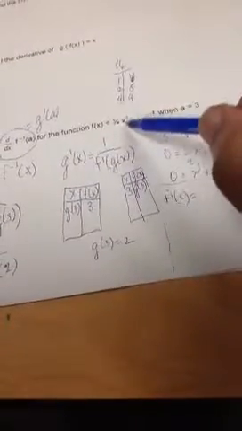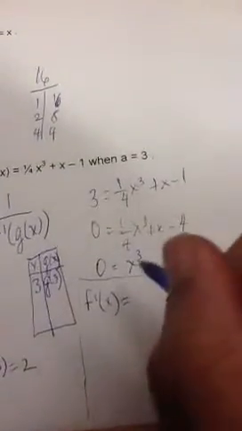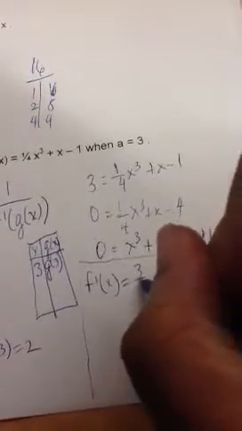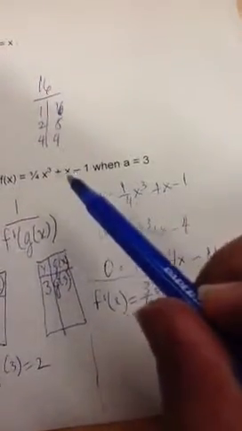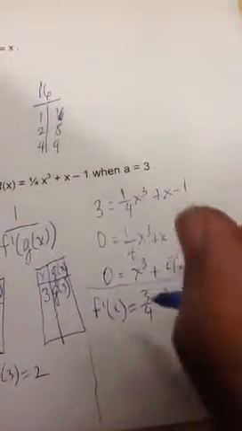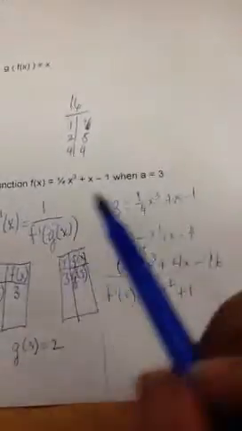This is 1/4 x to the third power. I'll do the power rule. So that's going to end up being 3/4 x squared. And then the derivative of x is 1, so that's plus 1. Okay. And of course the derivative of a minus 1 is 0.